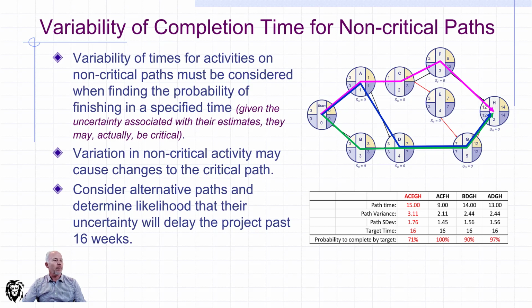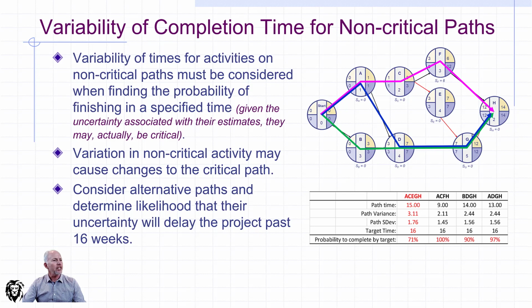And so now we plug in, so for the path ACFH, which is the magenta line, we know what the path time is, we know what the path variance is, we get the standard deviation, we plug it into our formula, and as I said, the probabilities are all built into the spreadsheet. And it says it is, plus or minus, 100% likely that it'll be finished on that time. Remember, there was a lot of slack in activity F.